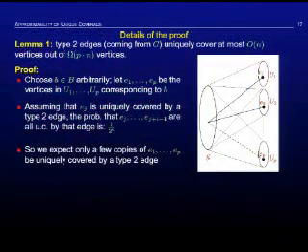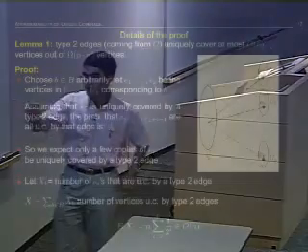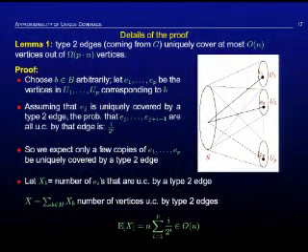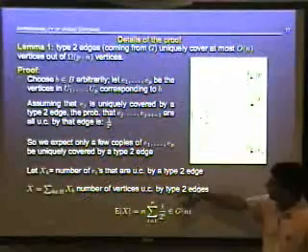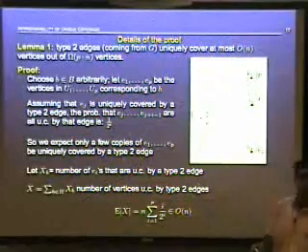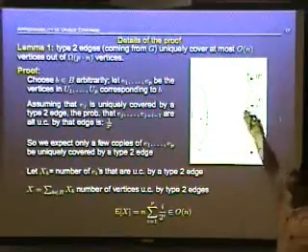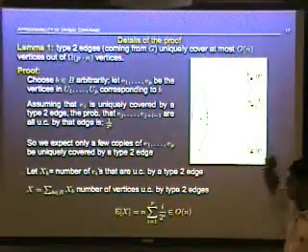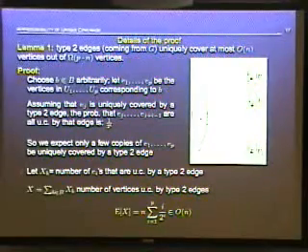So we expect only a few of these vertices to be uniquely covered by one type 2 edge, and if you just do the expectation, it would be how many vertices we have in each copy, it's n, and the probability of being uniquely covered i times is 1/2 to the i. So the expected number of vertices that are uniquely covered by a black edge, or the edge that comes from the original graph, is linear. So that's the first part.